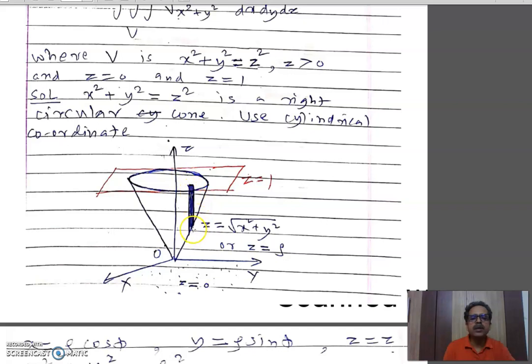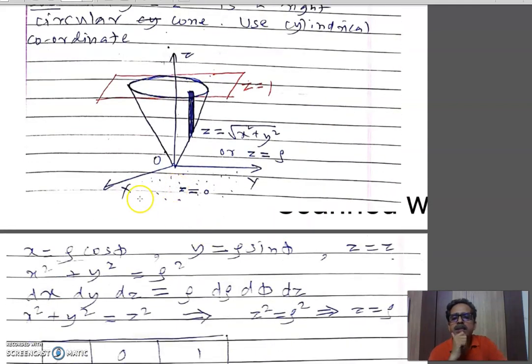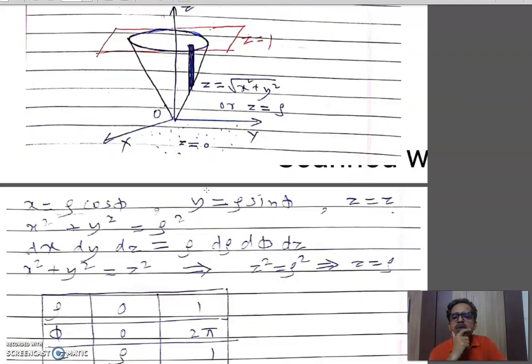The base is present on the cone, and the equation of the cone is x square plus y square equal z square. From this you can calculate z, consider the positive value of z. So z is under root of x square plus y square, and its top is present on the plane z equal to 1. So the limit of z we can understand, and the xy plane has equation z equal to 0.